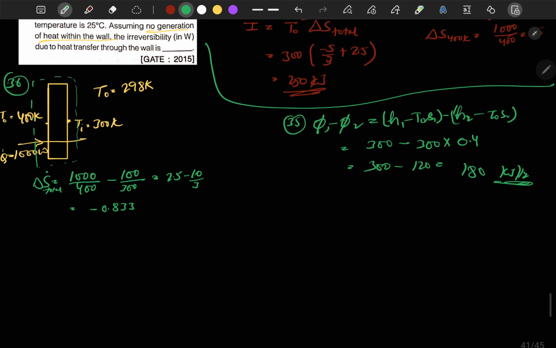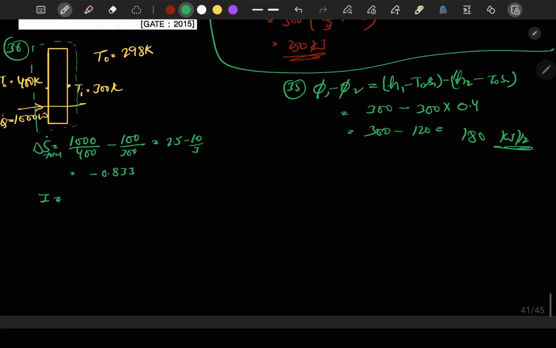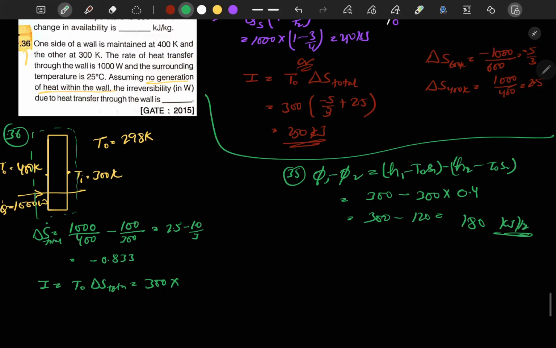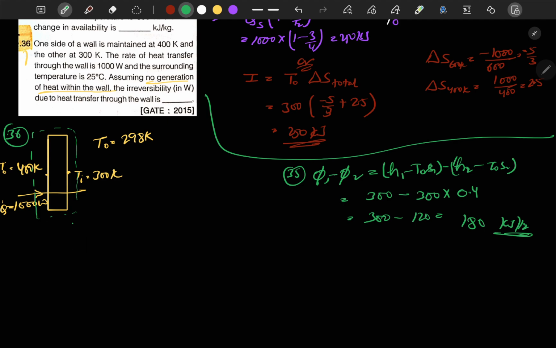Now we can calculate irreversibility, which is equal to T naught into delta S total. Or we can do it in this way also: consider the entropy S dot entering, plus S generation generated inside, which is equal to S dot exit.